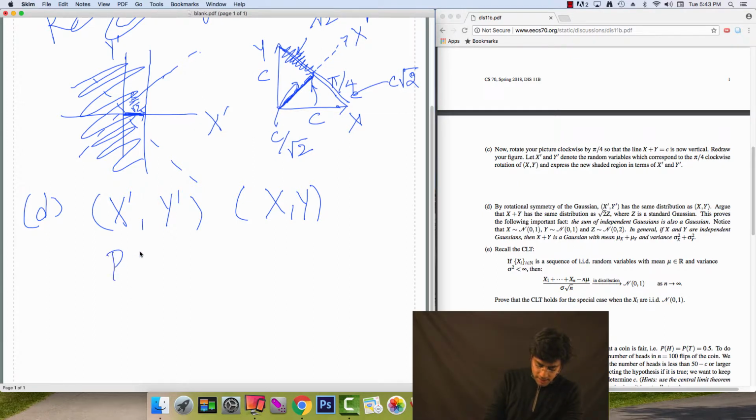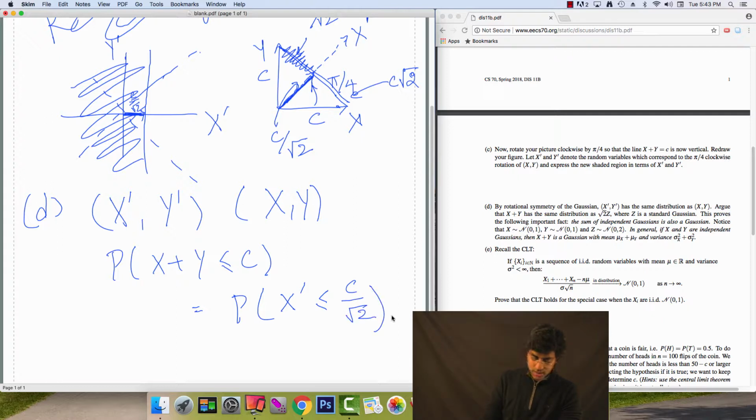Okay, well then the event that x plus y is less than or equal to some c corresponds exactly to the event that just x prime is less than or equal to c over root 2. Just the way we've set up our regions. Well then, this must be the same as root 2 x prime less than or equal to c.